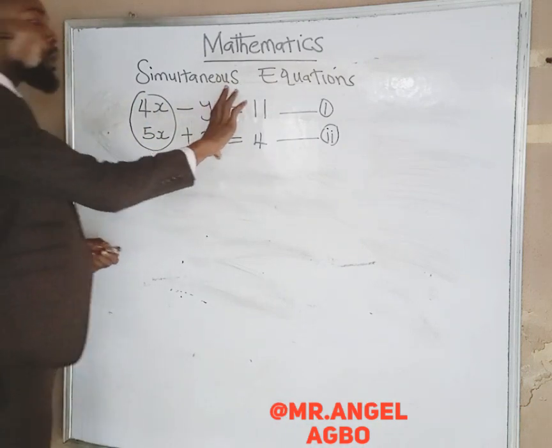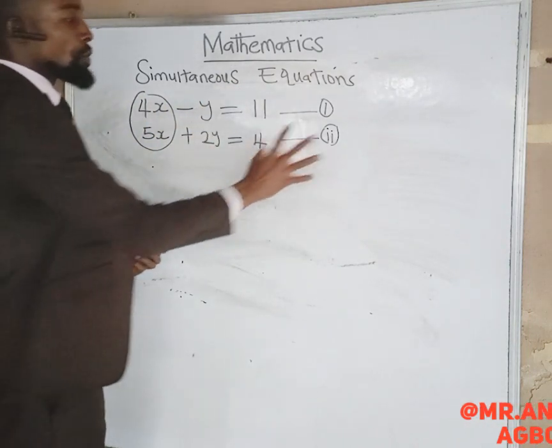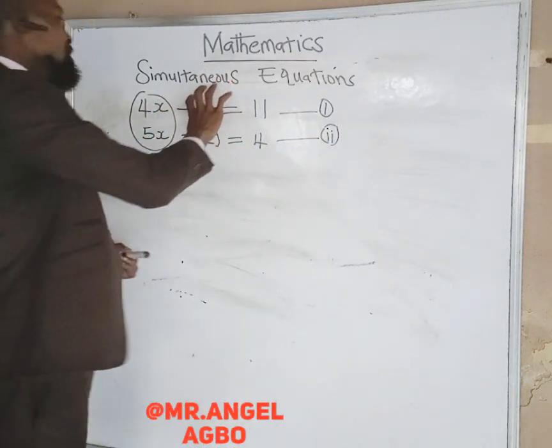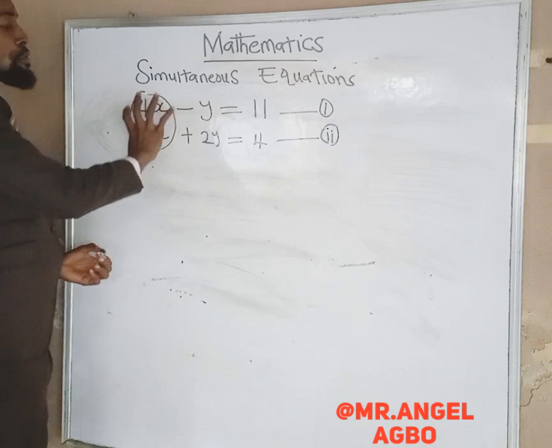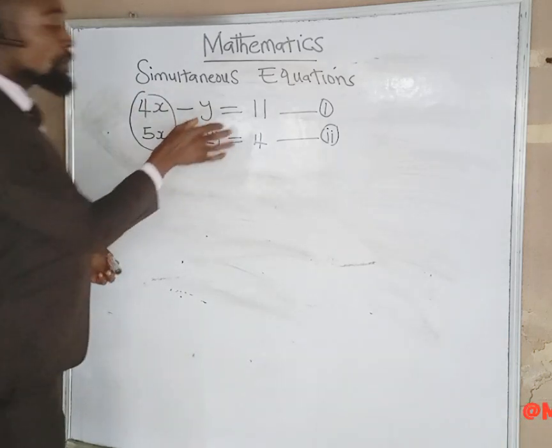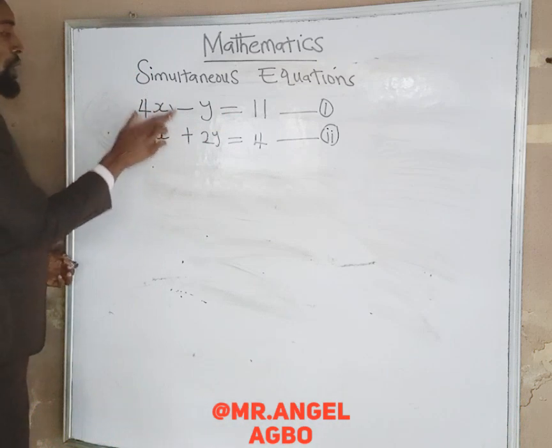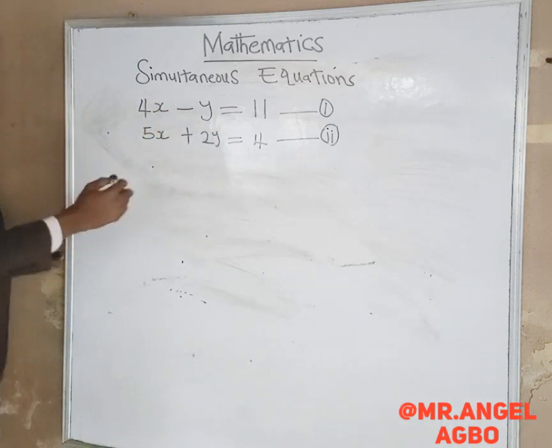After you have found your y, you use the y to find your x. You can also eliminate y and find your x. After you find your x, you can now look for your y. Whichever way is more simple for you, you can use.